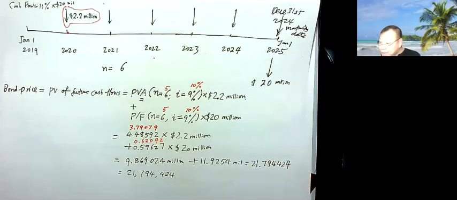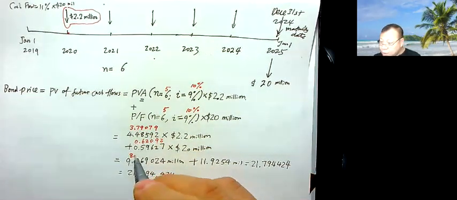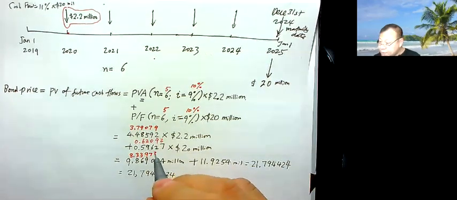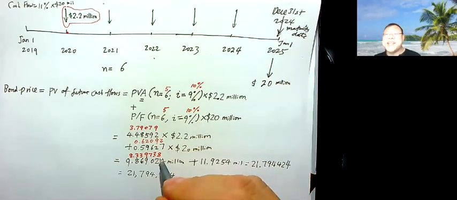So nothing new, you just use your calculator. This number should be 8.339738. The reason why I keep these digits really long is because this is in millions.